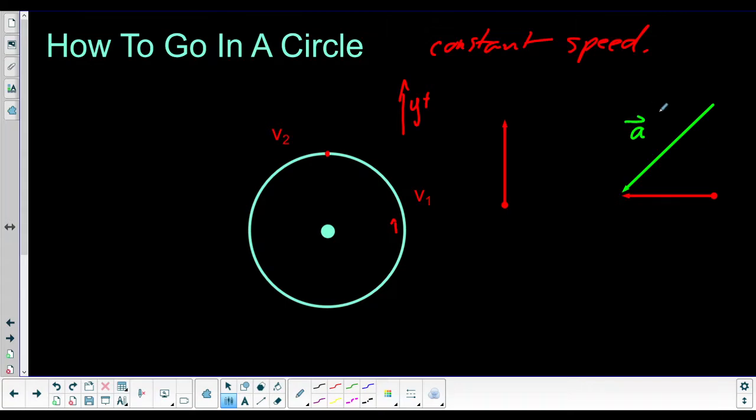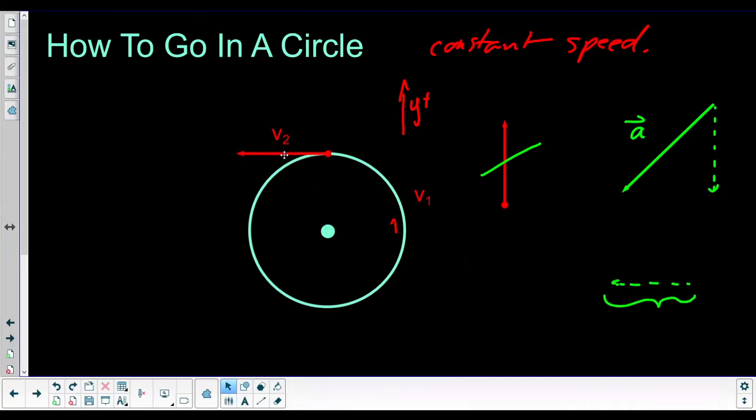This acceleration has the negative y component we need to cancel this out. And it has this x component here that we need to gain this x here, right? And this acceleration happened as our point moved from the right side of the circle to the top of the circle.